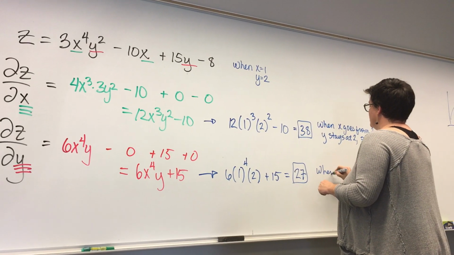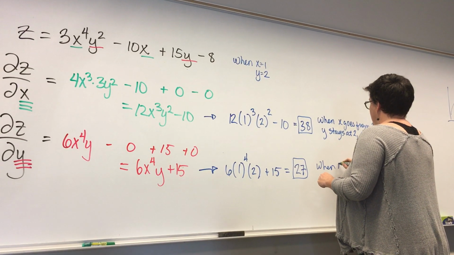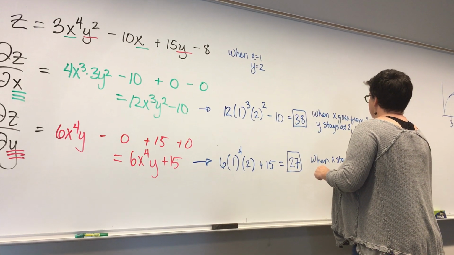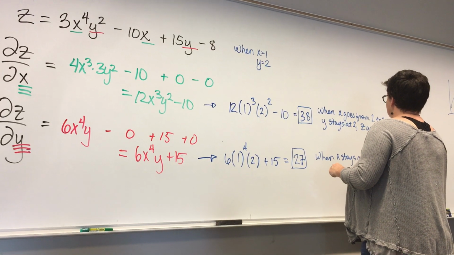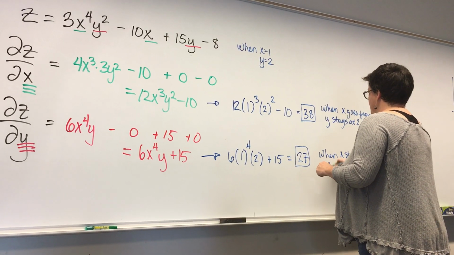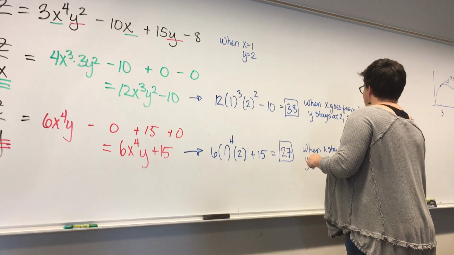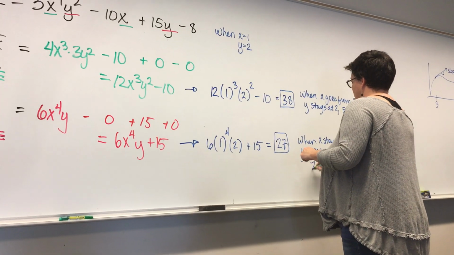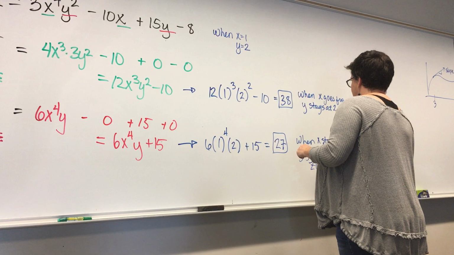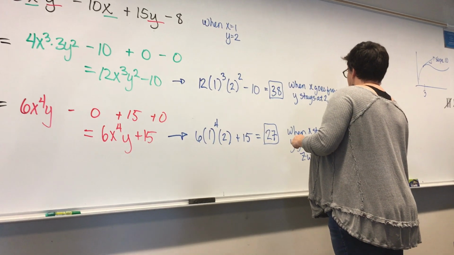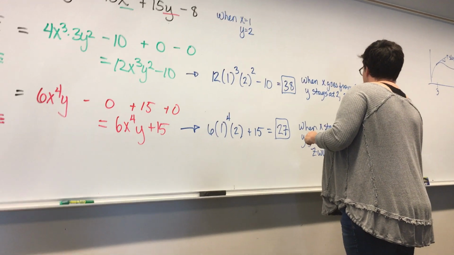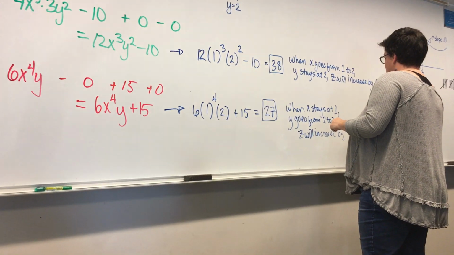So now, when x stays at 1 and y goes from 2 to 3, z will increase by approximately 27.